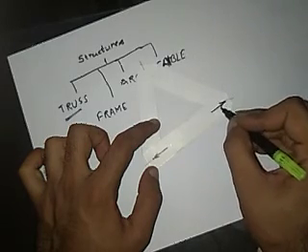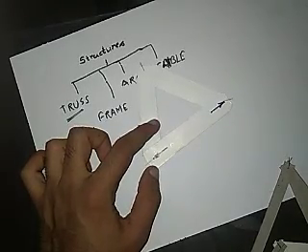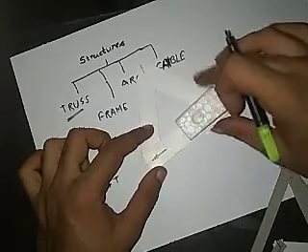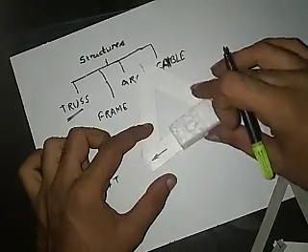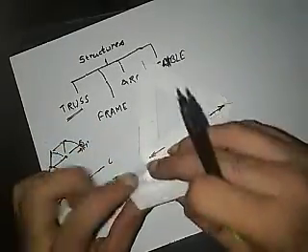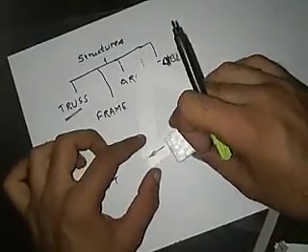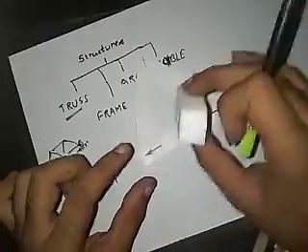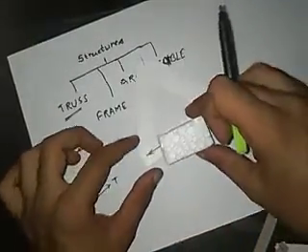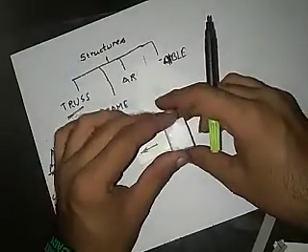Right now I'm not showing you how its cross section would look, but you can imagine something like this. I'm just showing you a rectangular cross section which is homogeneous and prismatic throughout the length of this member.